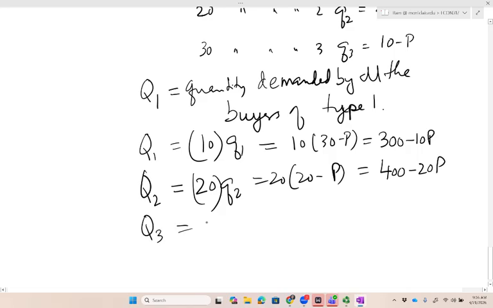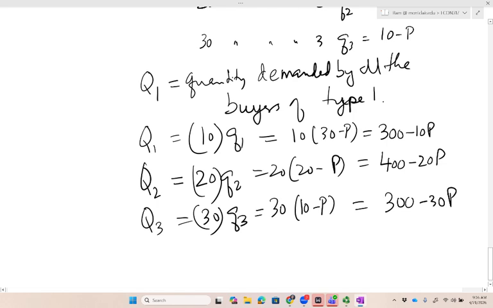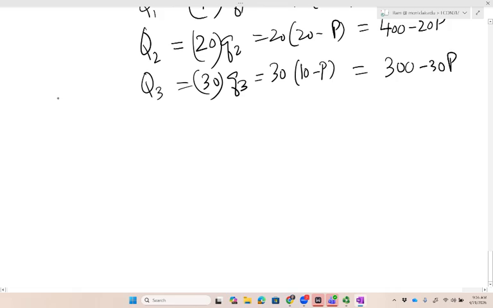Third type of buyer, we have 30 of them, and lowercase q3 is the quantity demanded by each one, which is 10 minus P. So what I obtain is 300 minus 30P. Now I can do the algebra, I can do the graph. First I would like to do the graph just to show how we are able to do the aggregation exercise. Then maybe I will also show the algebra, at least for some cases.